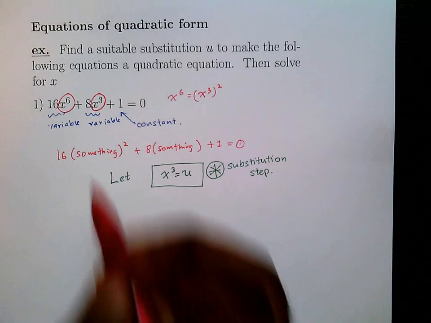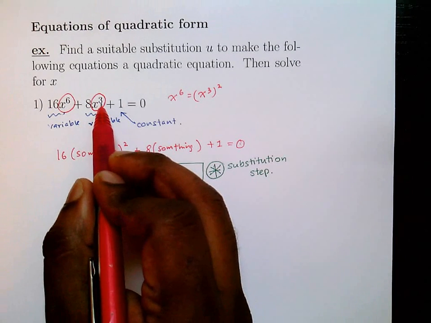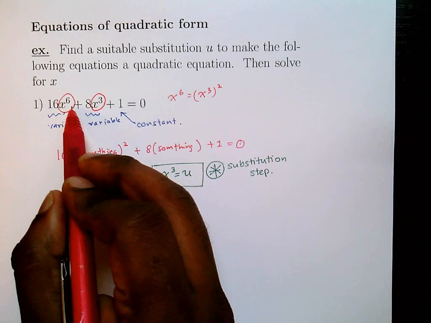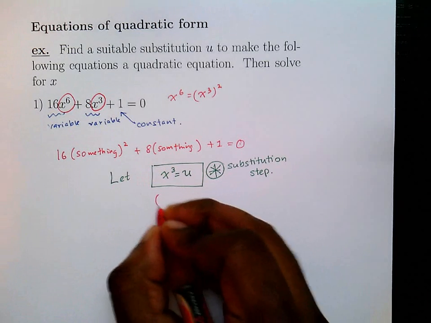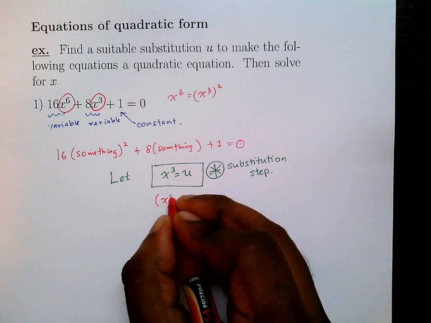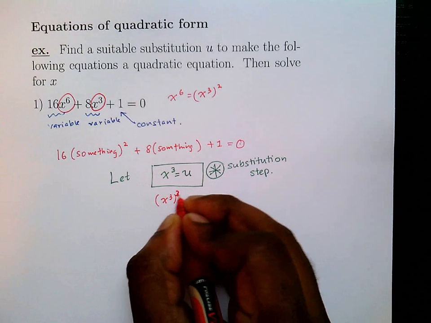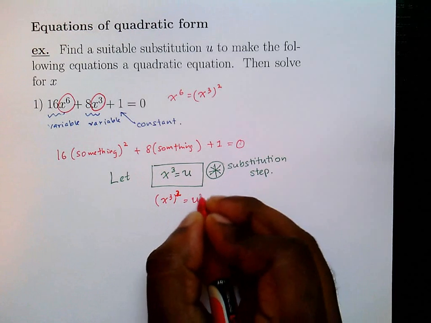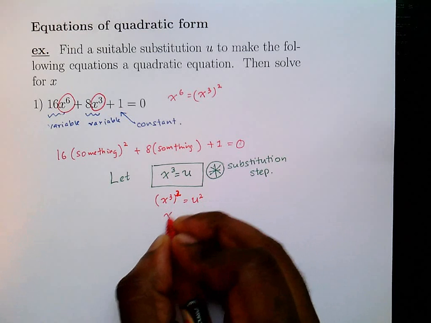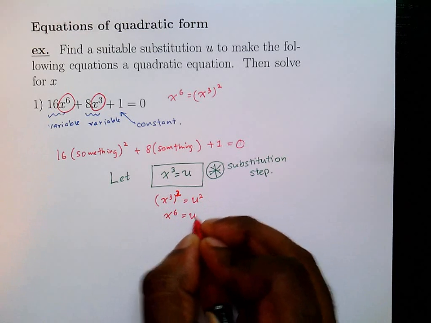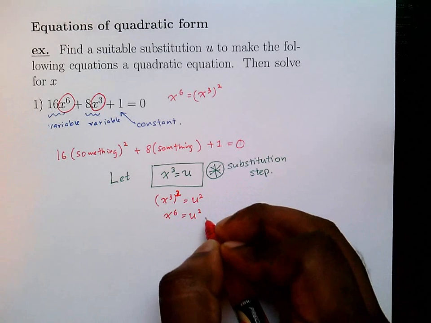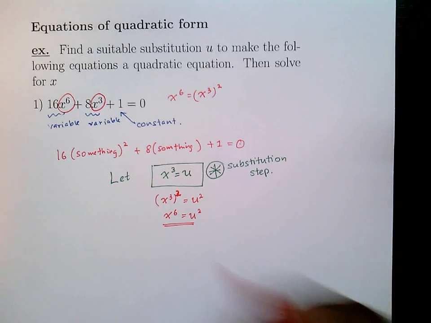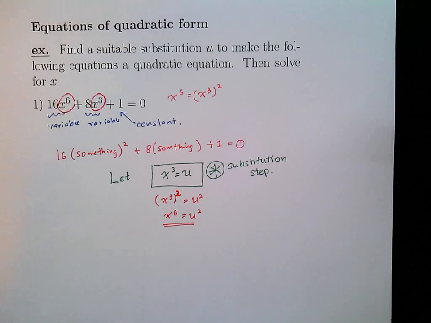Before doing the substitution, you have substituted for this. What goes in here? So what you do is square both sides. Always square both sides. So here you get x cubed squared is u squared, and here you get x to the 6 is equal to u squared. This is the substitution step. This is not. Okay, but you can see this goes in here.